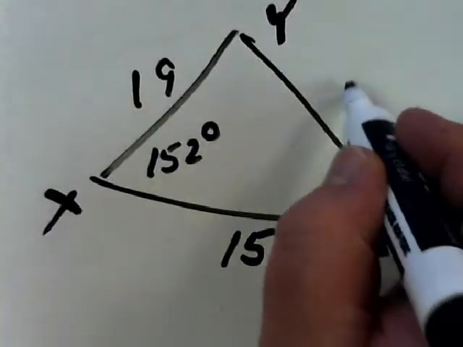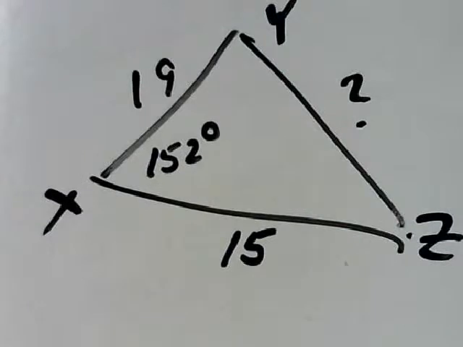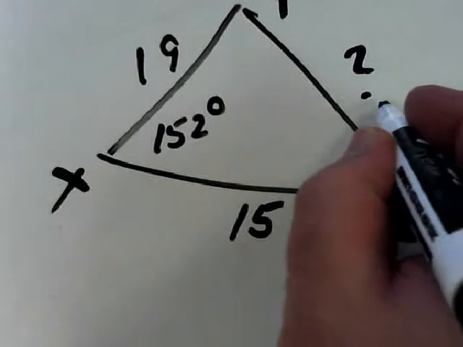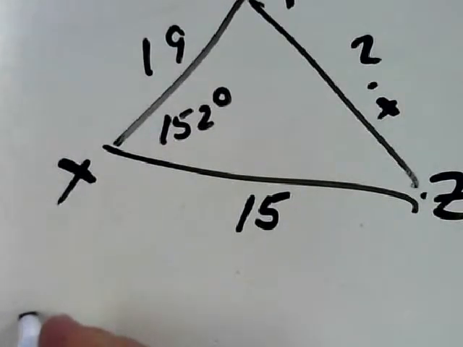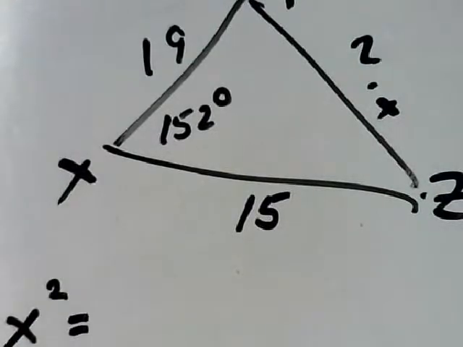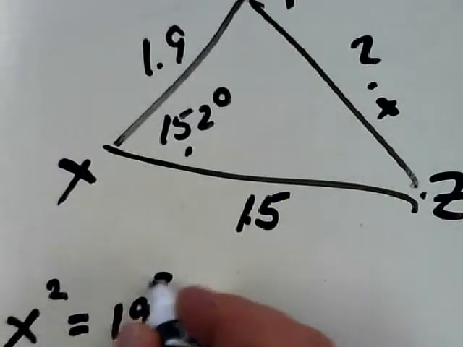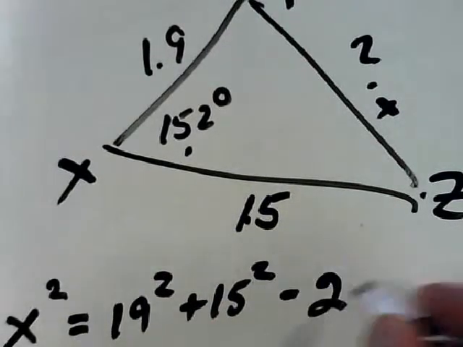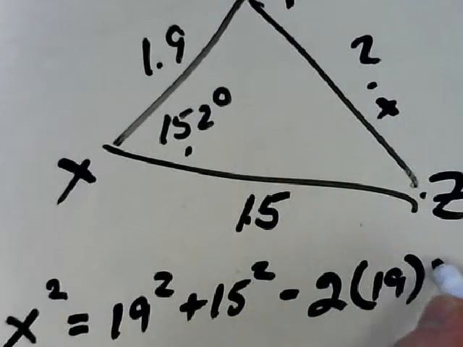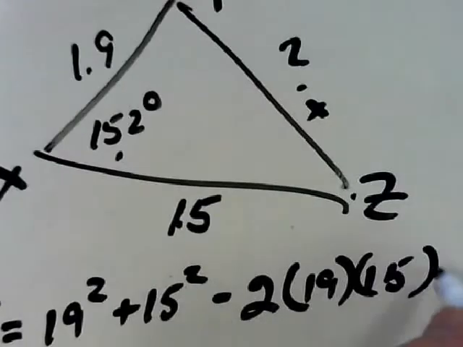In other words, I want to find out here. So we're going to label this little x. So x squared, I'd have to use law of cosines, because don't I have two sides and the included angle? x squared equals 19 squared plus 15 squared minus 2 times 19 times 15 times the cosine of 152 degrees.